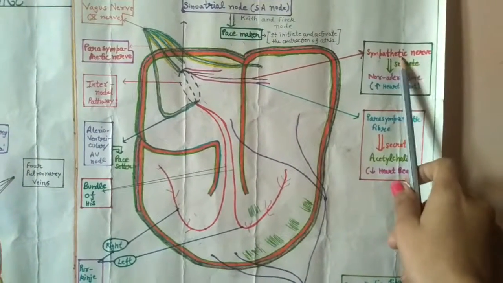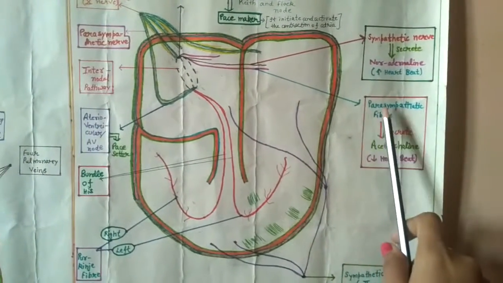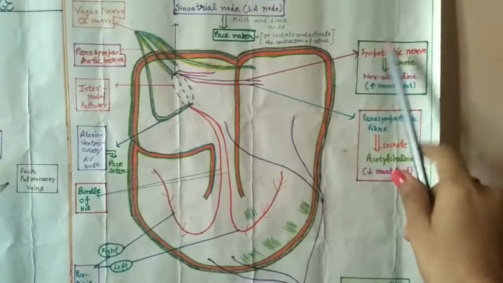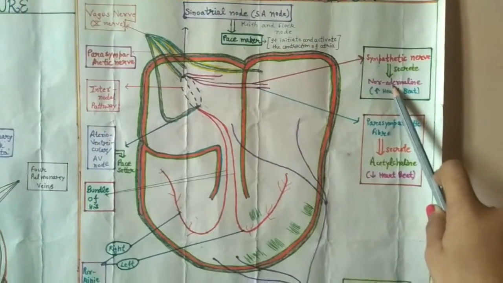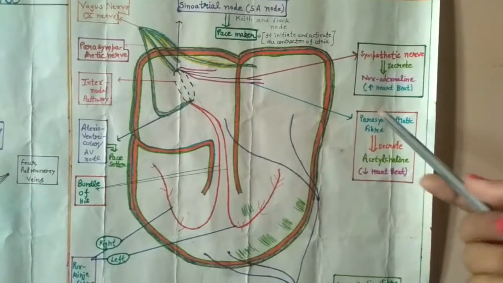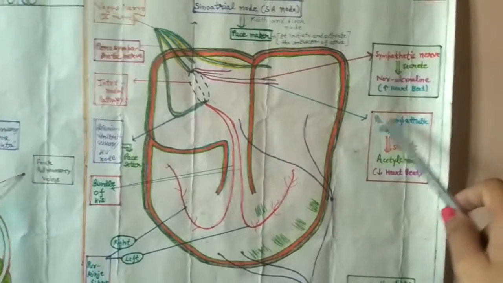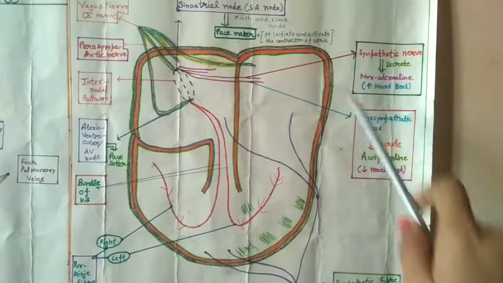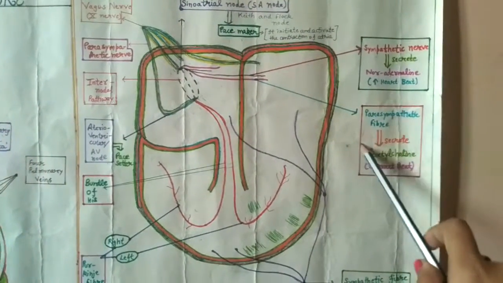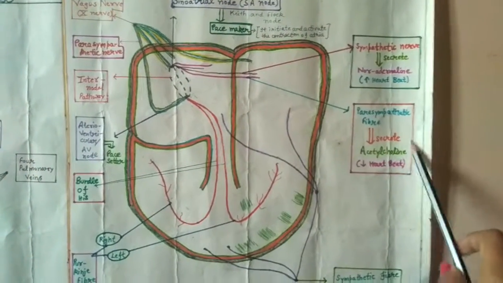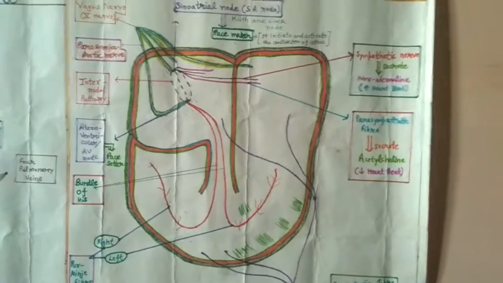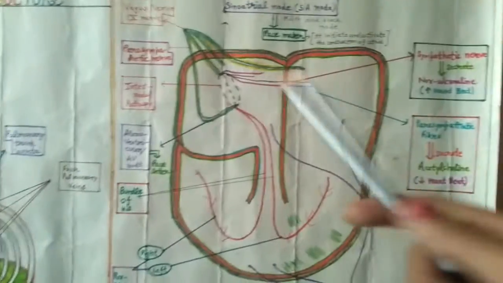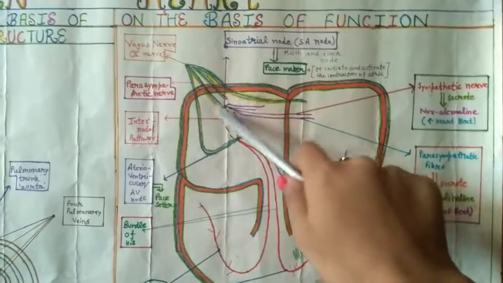So this can be the sympathetic nervous system or the parasympathetic nervous system. If it works on the sympathetic nervous system, then it secretes the neurotransmitter noradrenaline, which can increase the heartbeat. And if the vagus nerve works on parasympathetic fibers, then it secretes another neurotransmitter known as acetylcholine, which decreases the heartbeat.